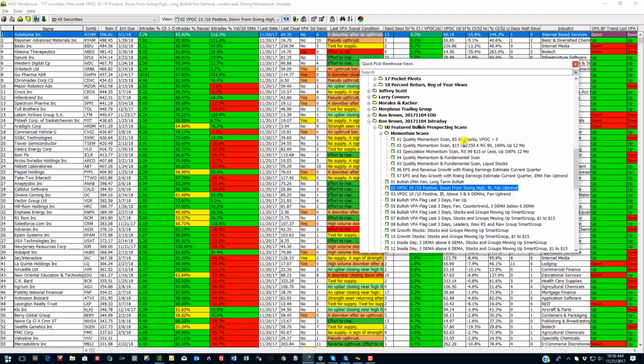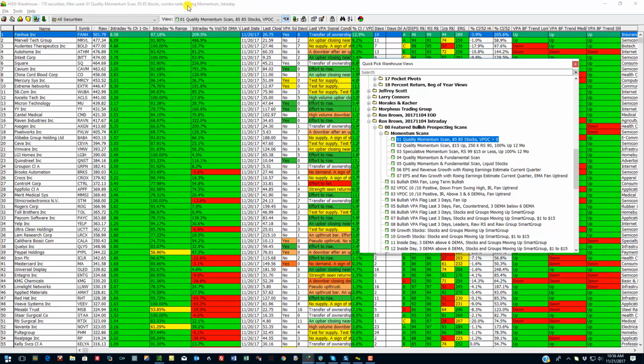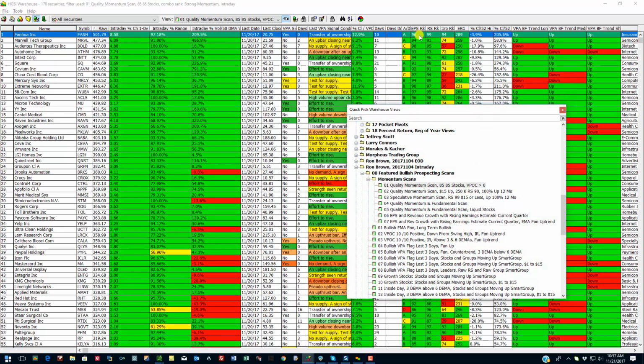Now a lot of people like to look at 85 stocks with the VPOC positive. So if I click on that, notice that the same combo is attached to this, and these are very strong stocks based upon earnings per share rank and relative strength.